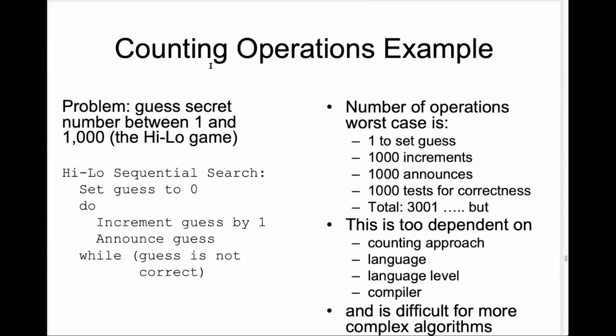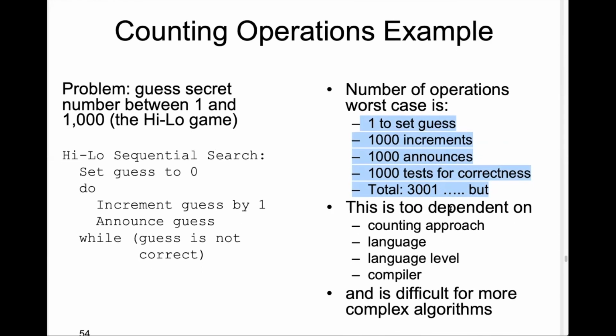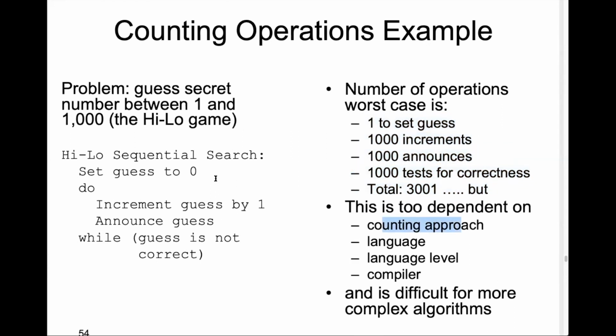So looking at this Alice and Bob game, using the sequential search, we were talking about 3001 here. This 3001 obviously depends on your counting approach. If you, let's say, stop counting this, it will be 2001, for example. It depends on the language and different levels of language and compilers too.